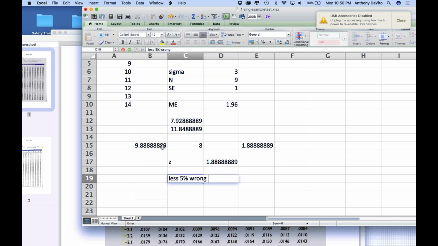Okay, so I want to be 95% certain before I say that. Or in other words, I want to have less than 5% chance of being wrong. Well, in order to have less than 5% chance of being wrong, instead of Z being 1.88, you would need Z to be at least 1.96 or larger.